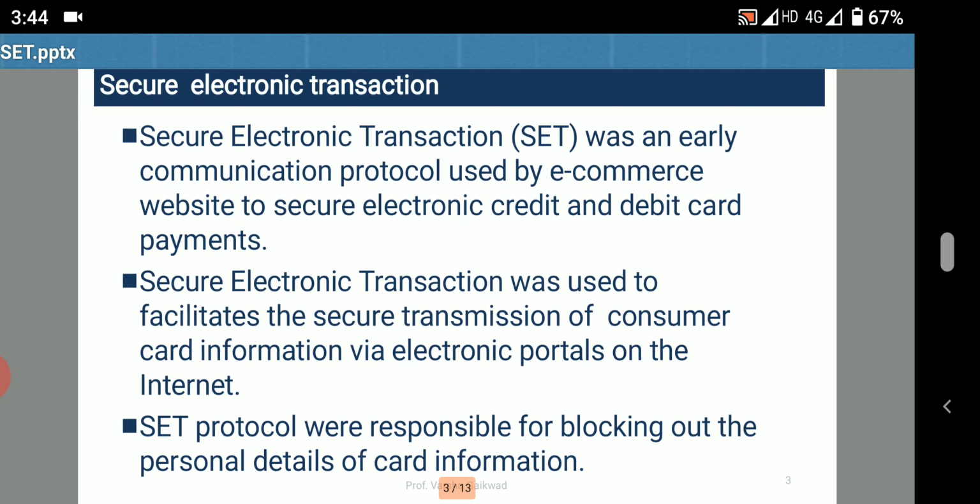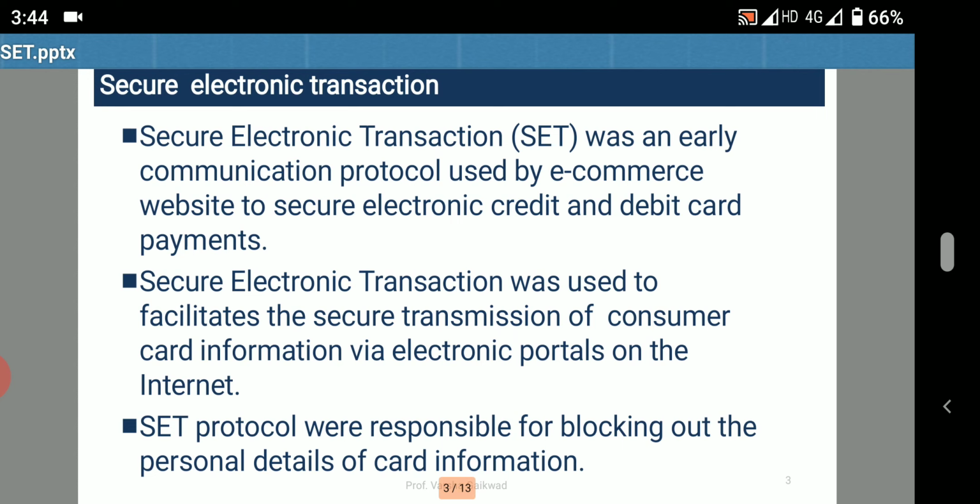Actually, they compare the key of the buyer's smart card to the database of SET, that is Secure Electronic Transaction, and if the keys are matched, then only the transaction can proceed further. So SET acts as an intermediary here. It matches the key and then the transaction is processed.